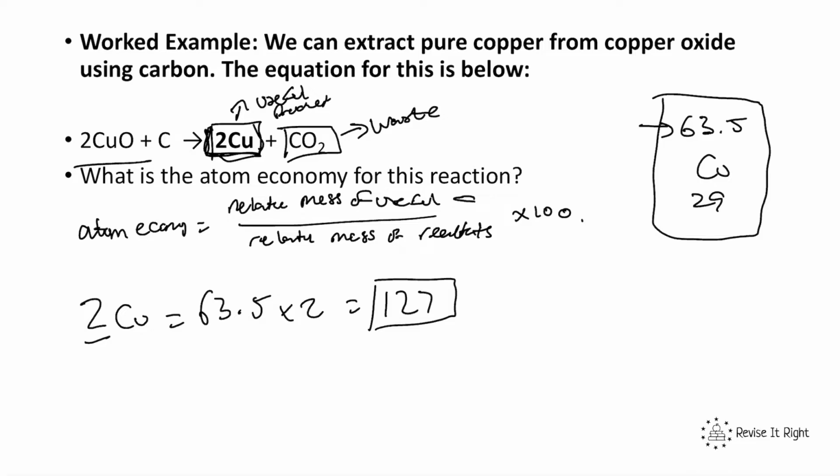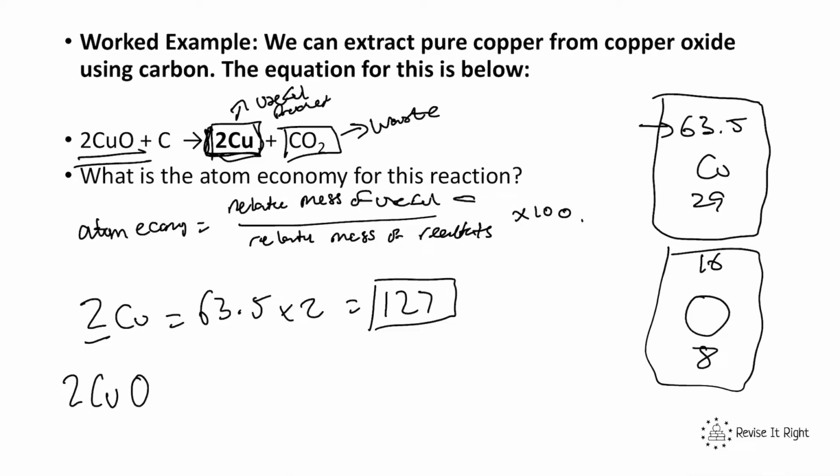Now we need to find the relative mass of the reactants. So reactants, we've got 2 CuO plus carbon. So Cu, as we know, looks like this on the periodic table. Oxygen O is like this. And then carbon, if we were to look up carbon, it would look like this here. So let's do this here.